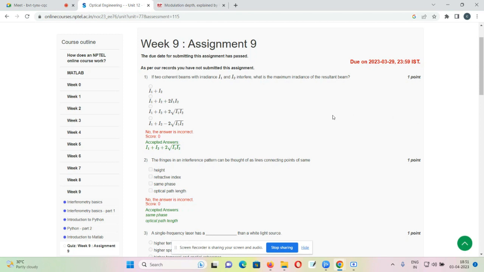Now can we solve this assignment? Assignment 9. Are you hearing now? Yes. Now we see, if two coherent beams with irradiance I1 and I2 interfere, what is the maximum irradiance of the resultant beam? So the answer there. Sir, the screen is not visible. Oh, okay, sorry.